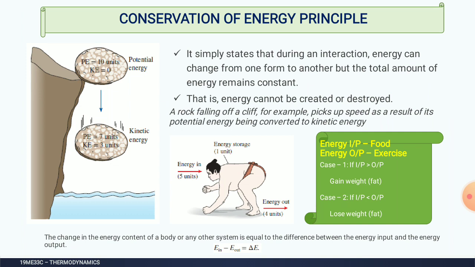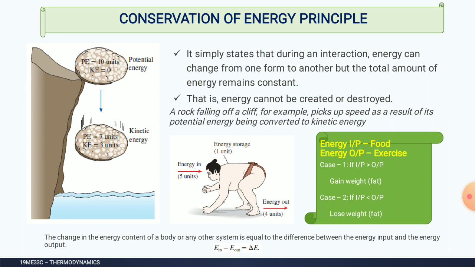The change in energy content of a body or any other system is equal to the difference between the energy input and the energy output, and the energy balance is expressed as delta E equals E in minus E out.